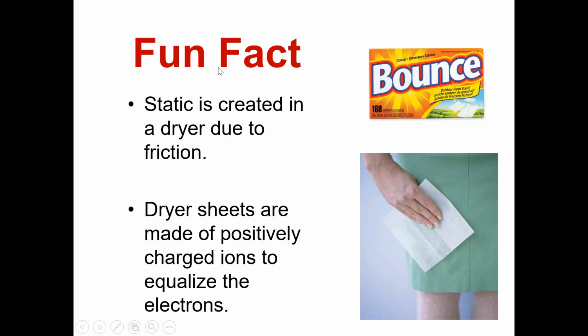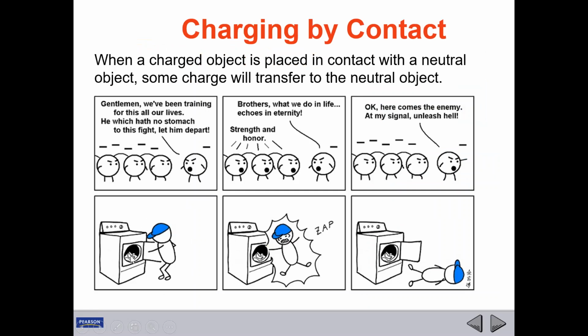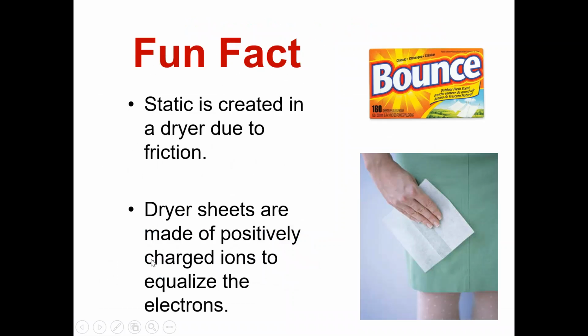Okay, fun fact. Looking back, the material in this dryer that's been rolling around has a lot of negative charges on it. And to get rid of that static, what you can do is get Bounce, some kind of static guard, and all those little dryer sheets.